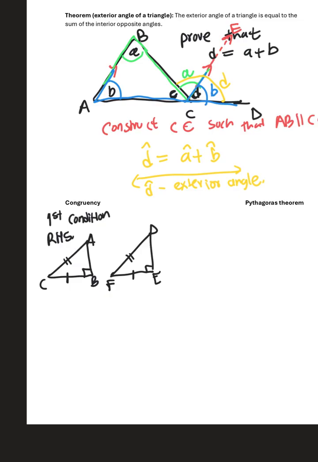R stands for right angle, H stands for hypotenuse, and S stands for the corresponding side, which is also equal. Therefore, triangle ABC is congruent to triangle DEF. That's the first condition.